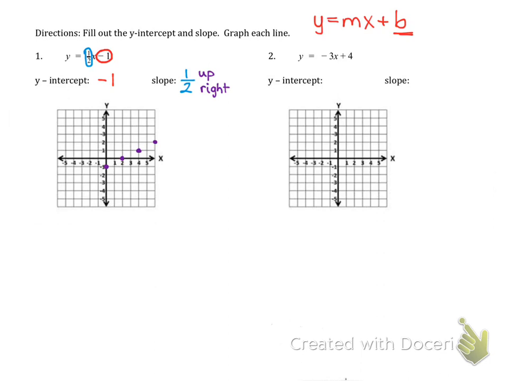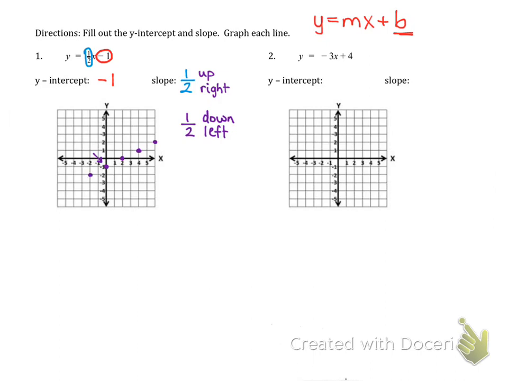Now let's say that we want to find some values to the left side. I can do the exact opposite of what I've already done. I can go down 1 and to the left 2. So from 0, -1, right here, I'm going to go down 1 to the left 2.